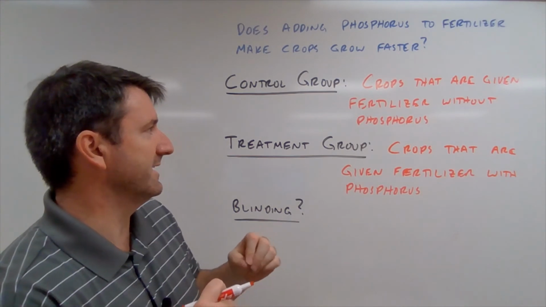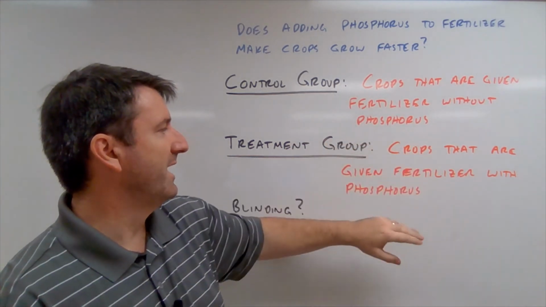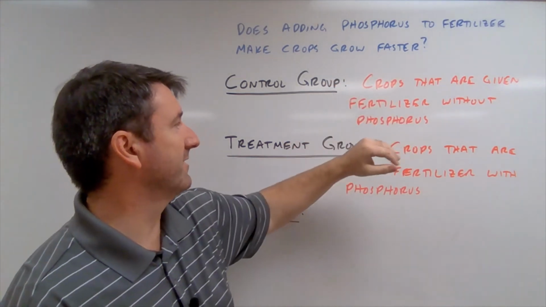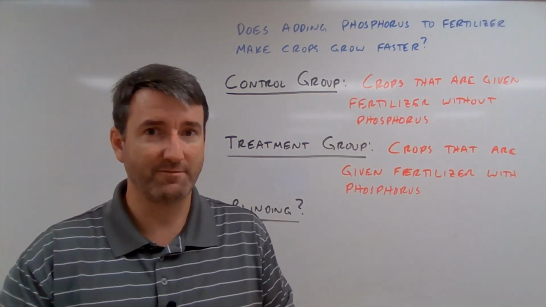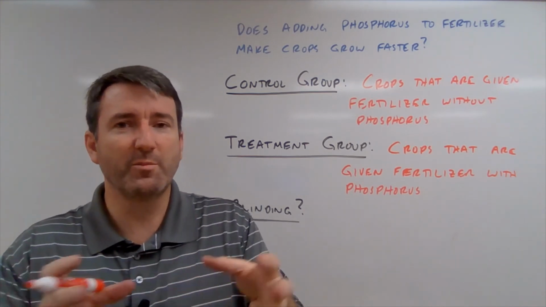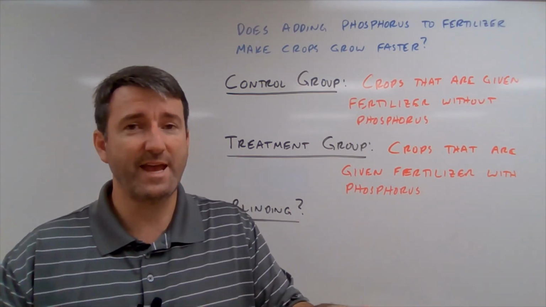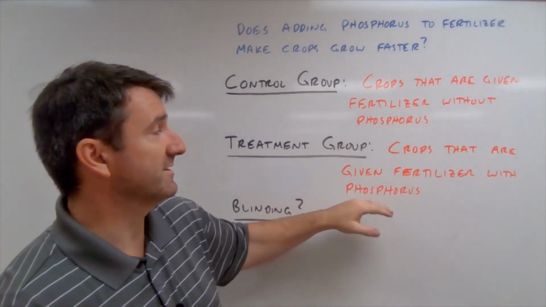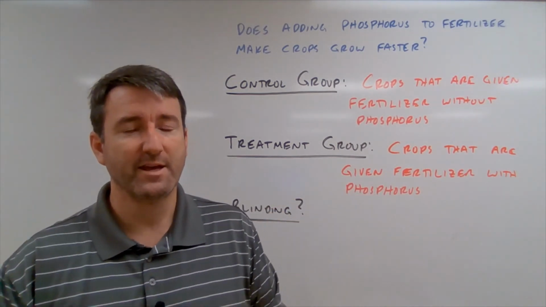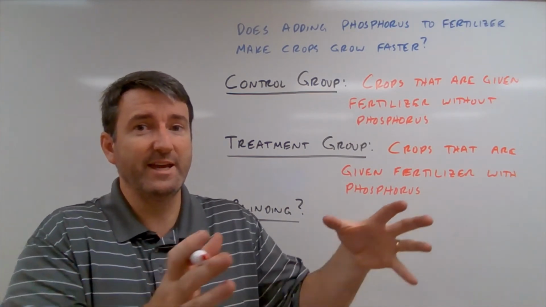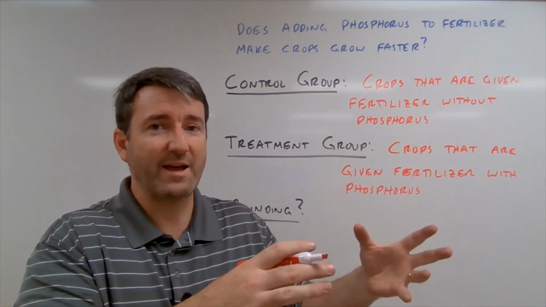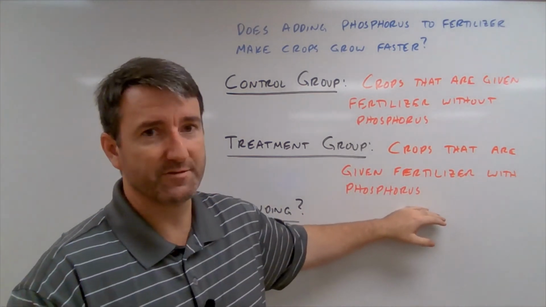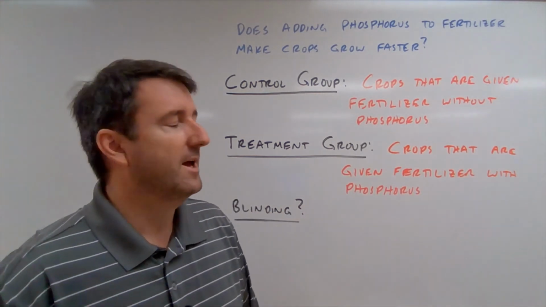The only difference is that the treatment group's fertilizer has phosphorus in it, and the fertilizer for the control group does not have phosphorus. That way, the treatment group and the control group are completely the same. The only difference is this phosphorus. That's the thing that we're trying to test. So then we know that if we see the treatment group crops grow faster, we can infer that that is because of the phosphorus in the fertilizer.